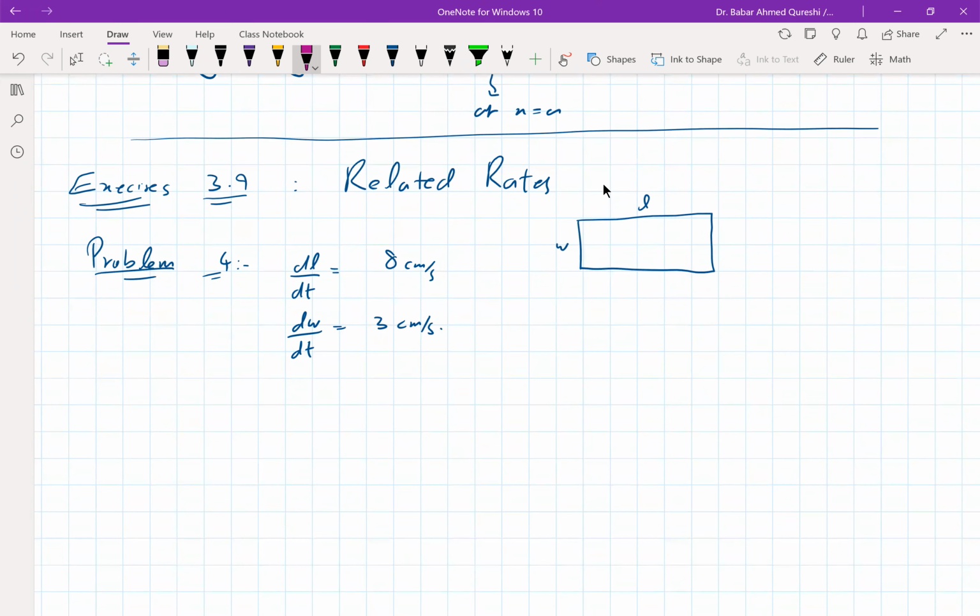And they asked, what is the rate of increase of the area when the length is 20 centimeter and width is 10 centimeter.